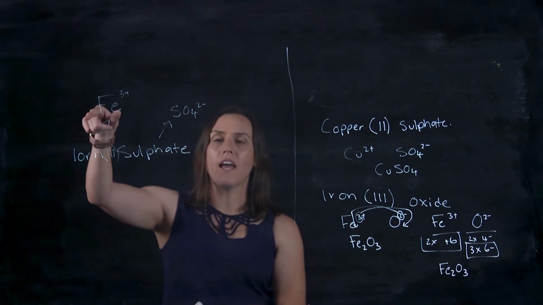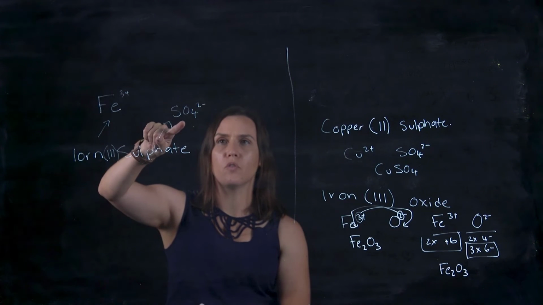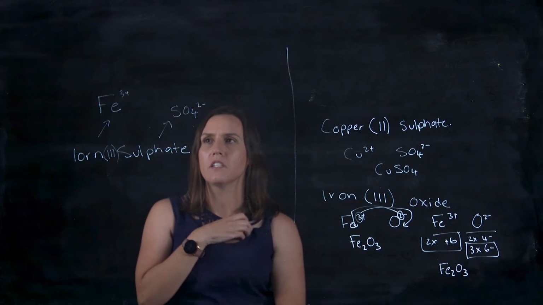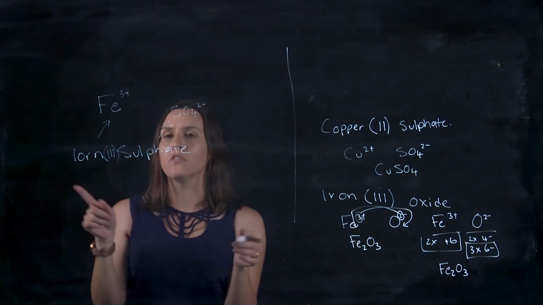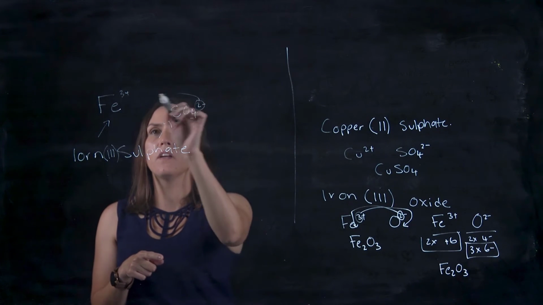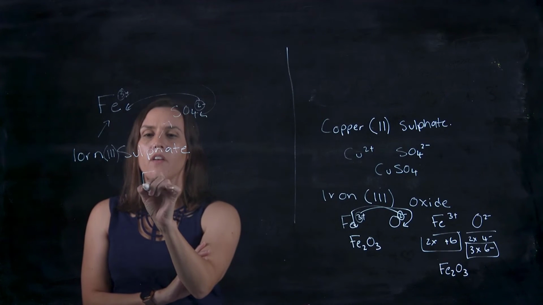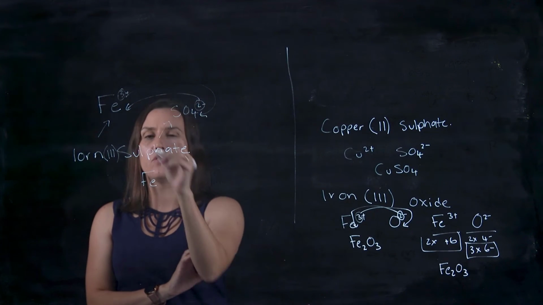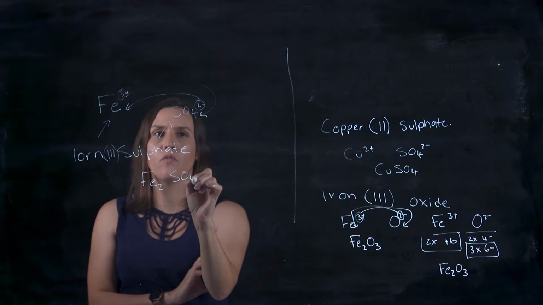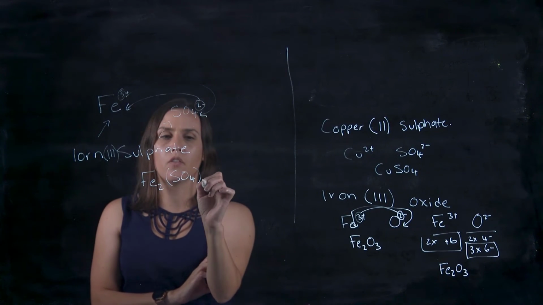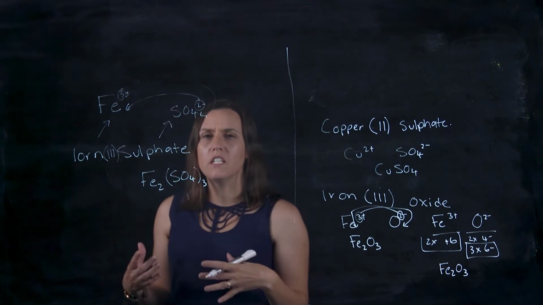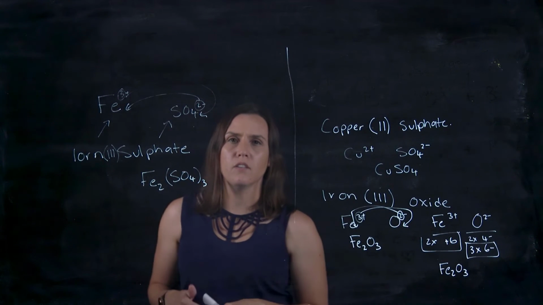So I've got iron 3+, SO4 2-, and I want to put those two together. So I want to swap and drop, swap and drop. So I get Fe2, SO4, and I'm going to get a 3. Did you notice that I put brackets around the SO4?